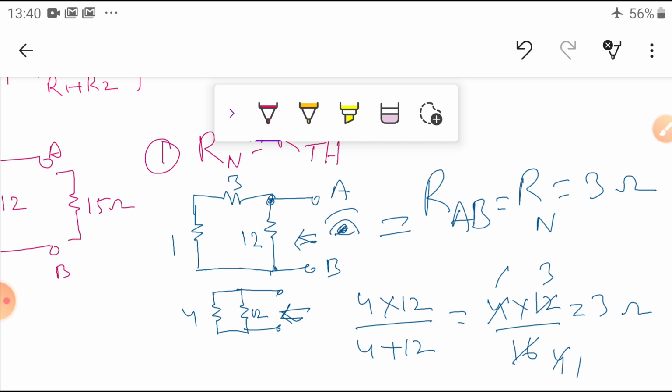Have you got it? So this is calculated now. In the first step we calculated the equivalent resistance seen from the open terminals.